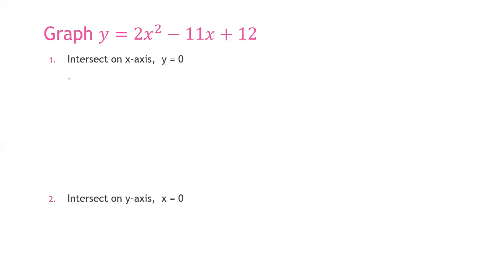If y equals 0, it means this function becomes 2x squared minus 11x plus 12 equals 0. Now we are going to factorize this equation, and it becomes 2x squared plus 12 here.